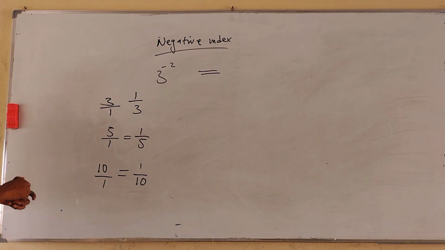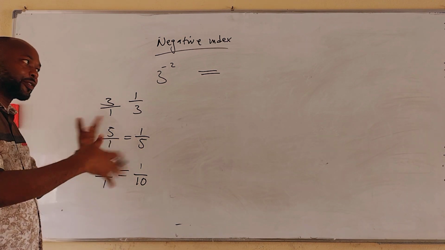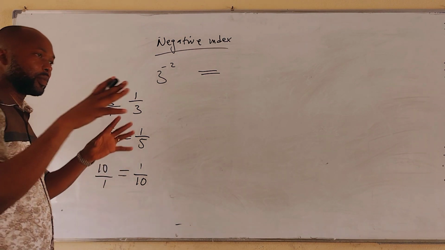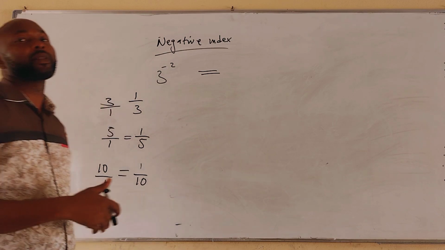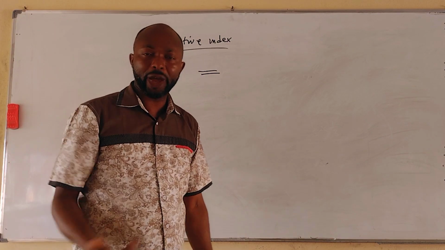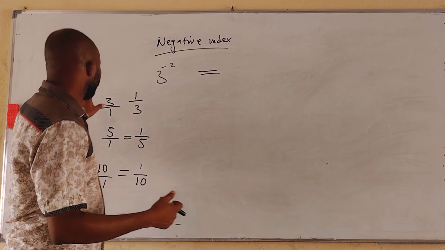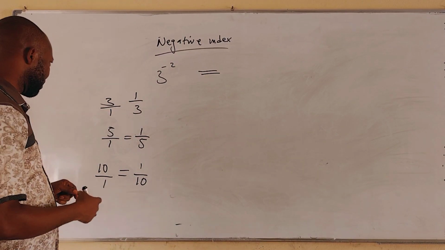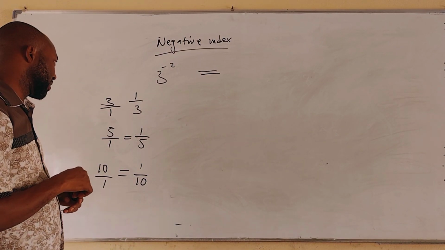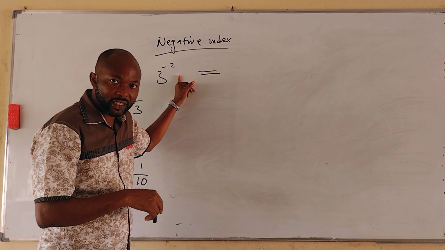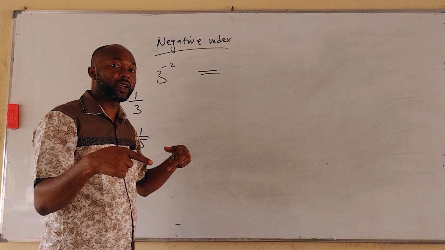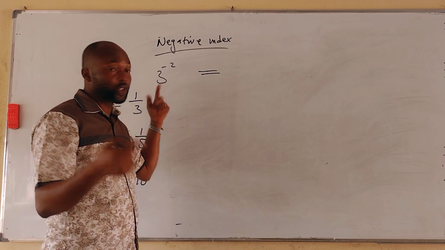So you must begin to see these numbers in a different dimension to understand that there is a 1 down there. It's divided by 1, I give you the same thing. So the law says that when a number is raised to a negative index, it is equal to the reciprocal of that number raised to the same positive index.